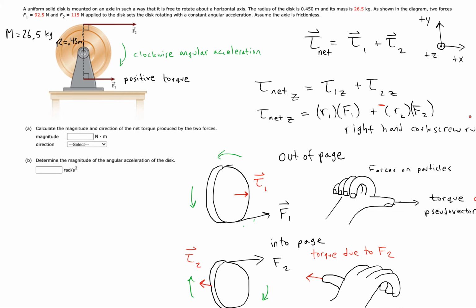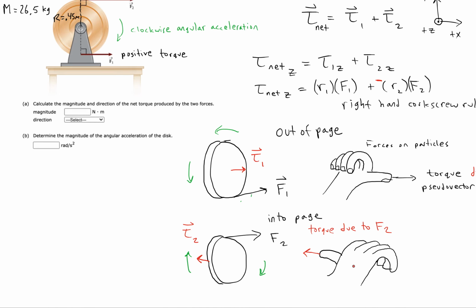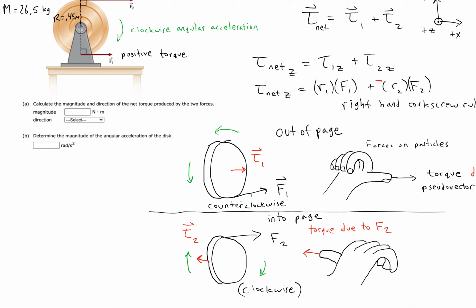This one needs to be negative, because we said, according to our analysis, T2 points into the page, which is considered negative, because it's clockwise. And this one's counterclockwise. Alright, hope that makes sense.